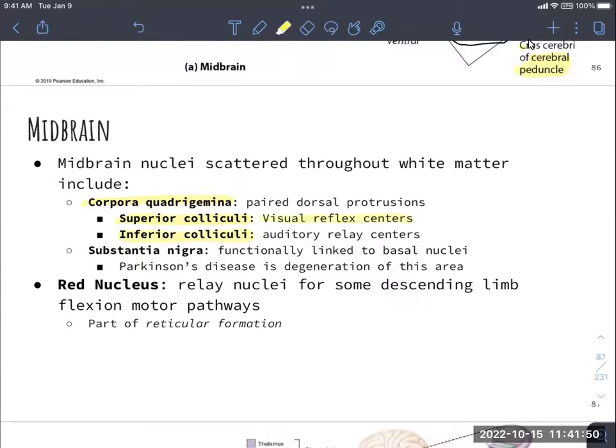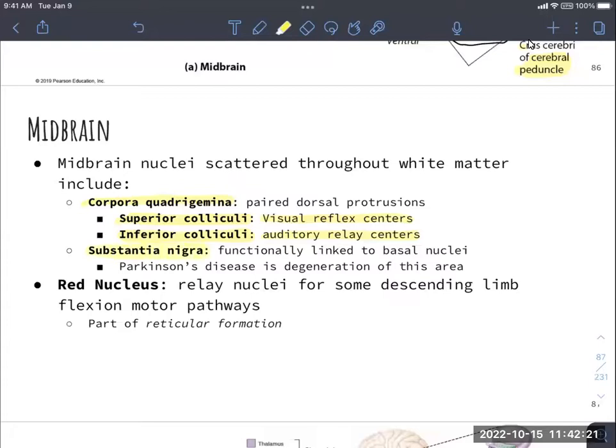That's what tells your eyes to close when you get that. That's a reflex. Inferior colliculi is an auditory relay center. So information from the auditory nerve goes through the inferior colliculi before it goes to the brain.